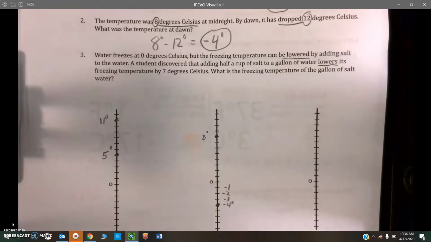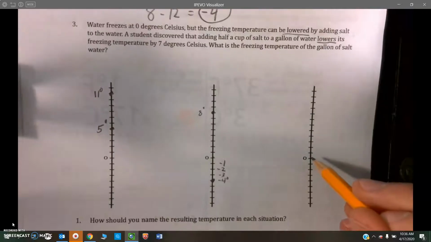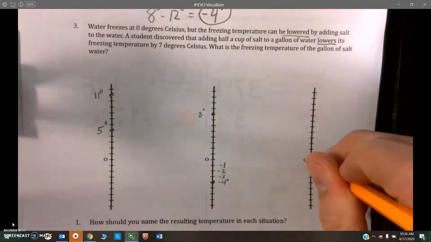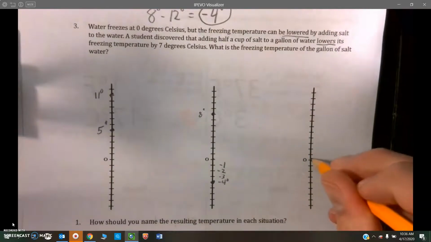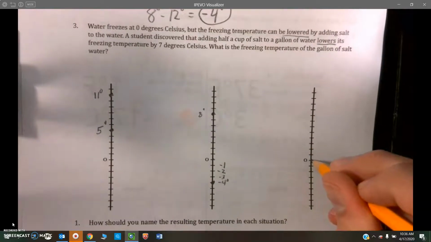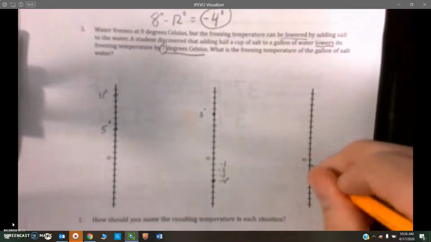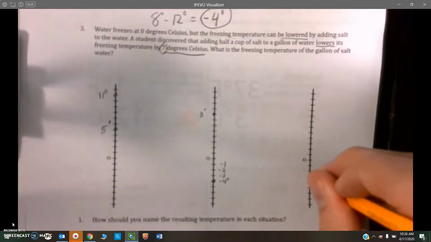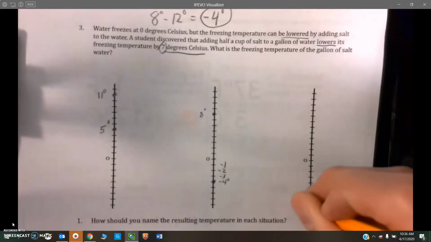So now we're starting at 0, which is our normal freezing point of water, and we added this salt, which makes it freeze at a lower temperature, and they said it lowers it by 7 degrees Celsius. So I'm going to go down 1, 2, 3, 4, 5, 6, 7.